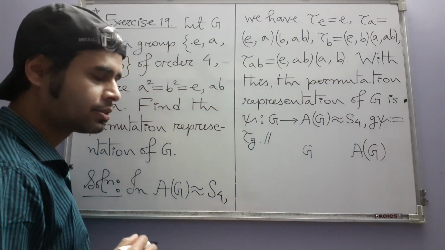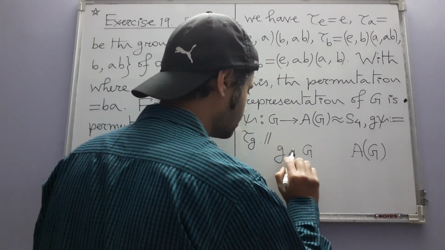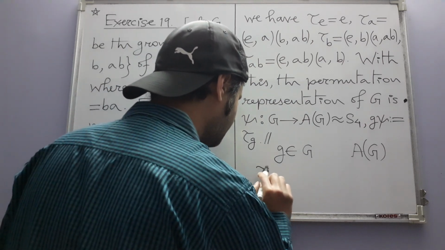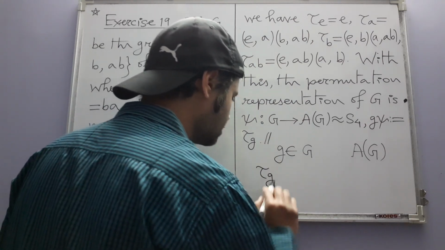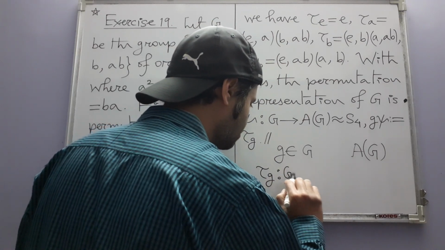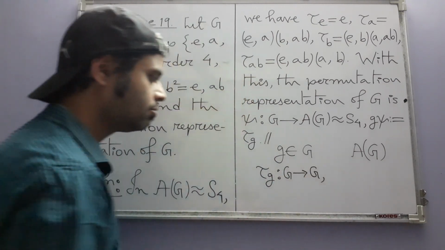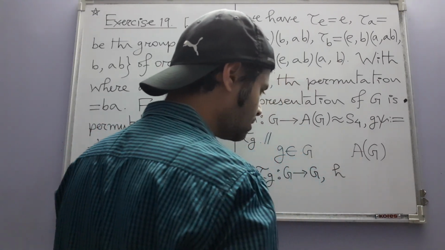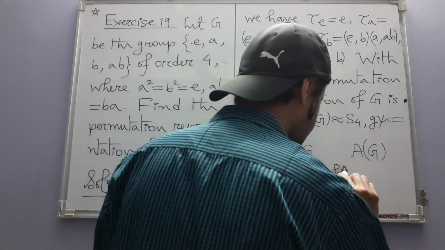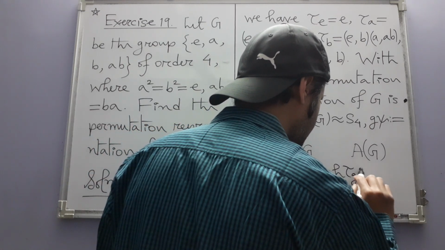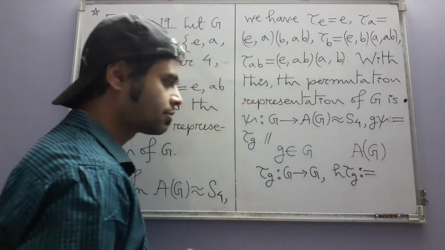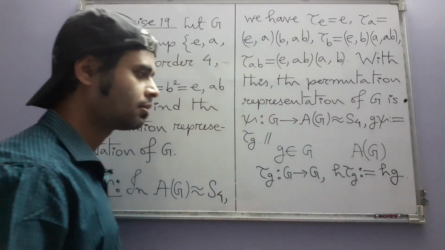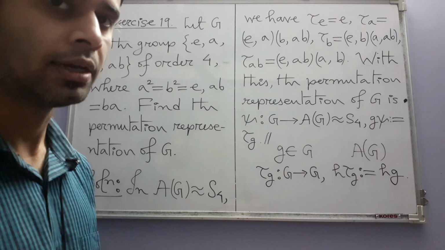And in proving Cayley's theorem, how do we proceed? For any arbitrary group element g, we define a function tau suffix g, which is a function from G to itself, and its definition is this: a group element h coming from capital G, of course, on it if you apply tau g, then it's just multiplying h by g from the right side or forming the product hg.